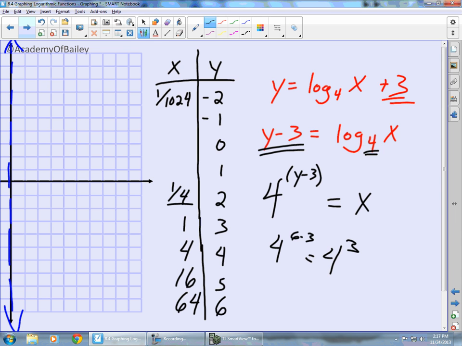And granted, we have to get to 64. Well, I'm going to go by 5s. That would be 10. This would be 50. And I know that 60 would be right here. And 70 would be right here.